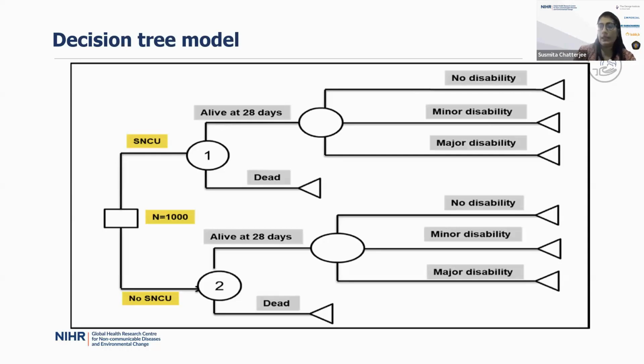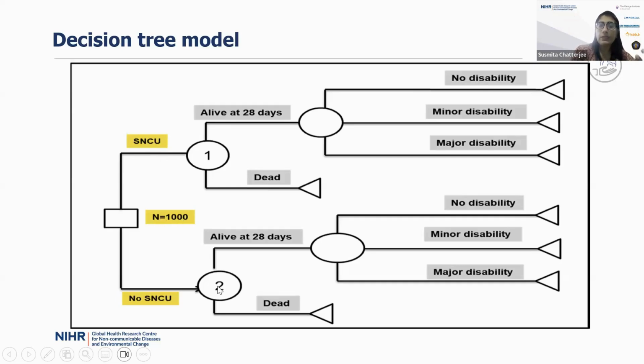So there are a few things you should remember when you do a decision tree. Based on your idea, you need to make this decision tree. And all these chance nodes are the probabilities, or the proportions. If there is an SNCU, what proportion do you think will be alive and what proportion will be dead? That's a number out of 1,000.